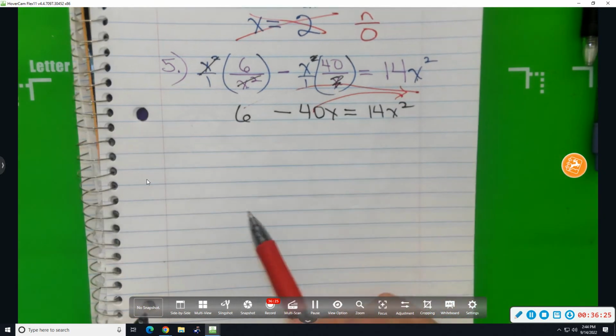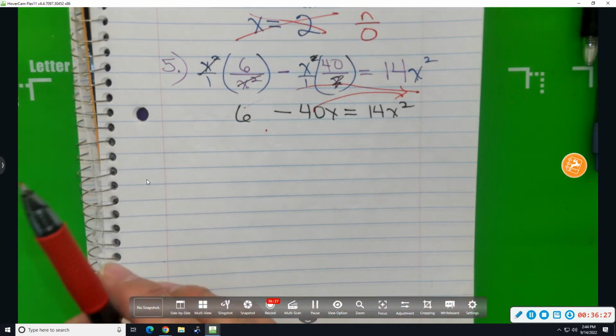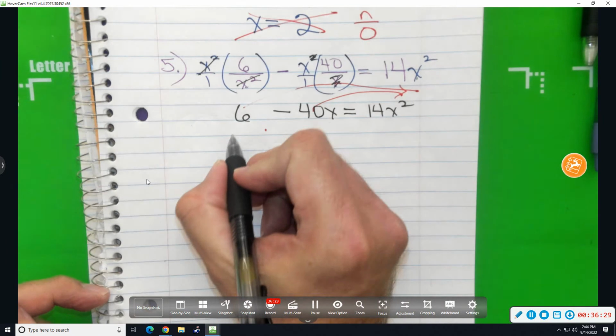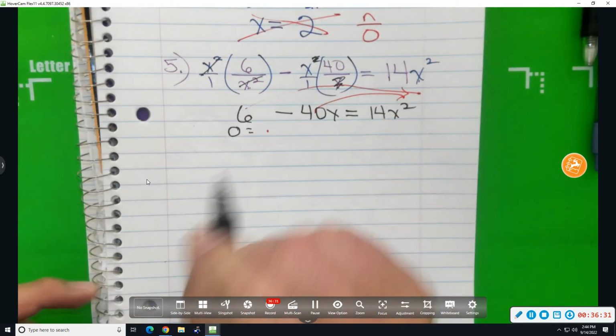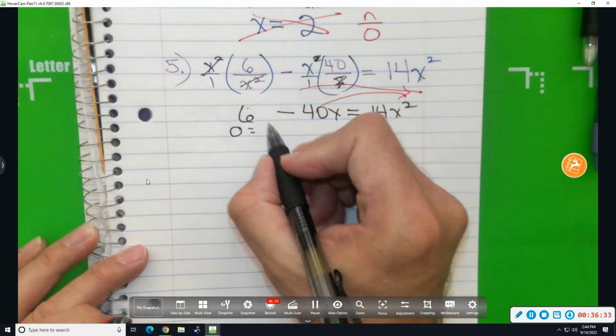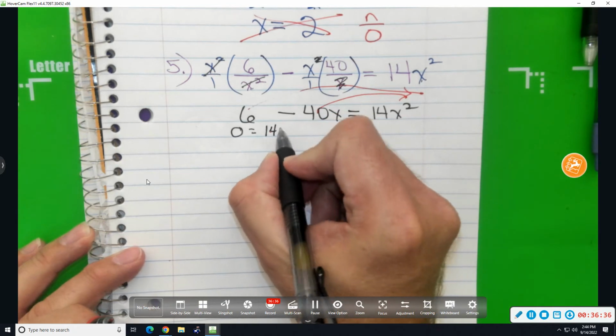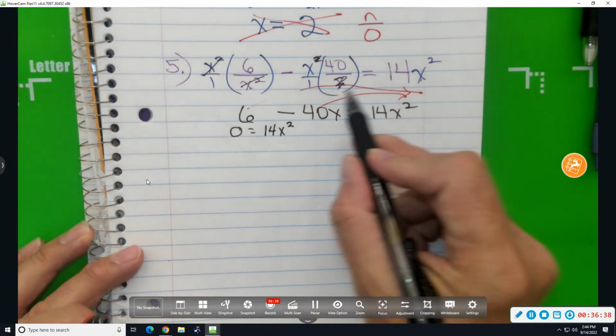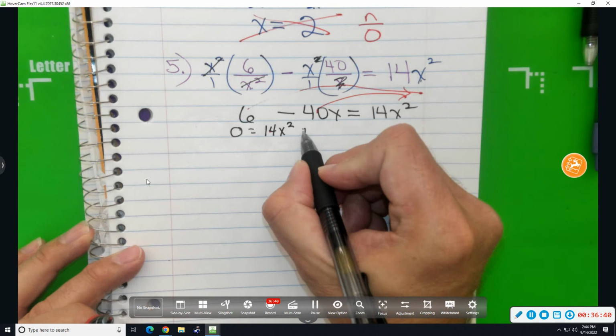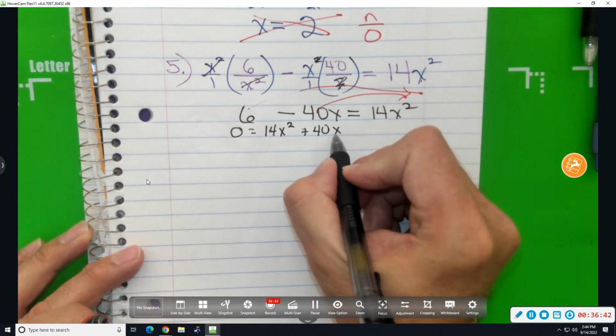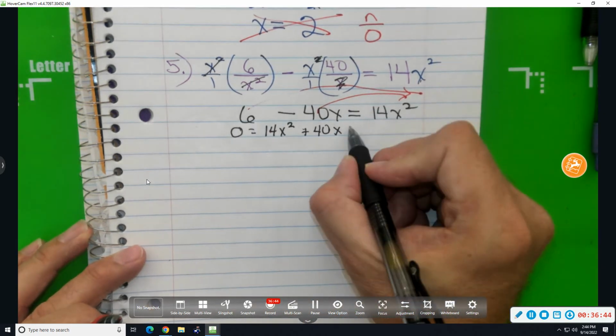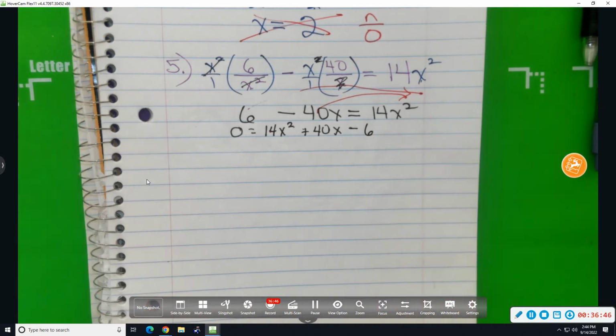I'm going to be getting a 0 on the left. And then I'll write it in standard form. I'll write the 14x squared first. Then is that a plus 40x? And a minus 6?